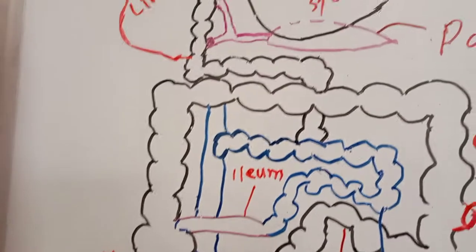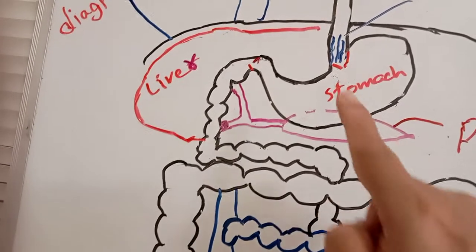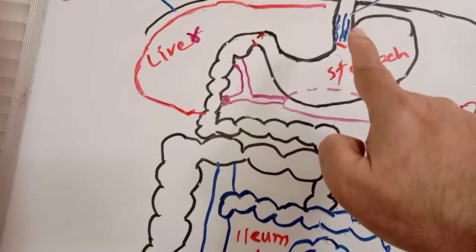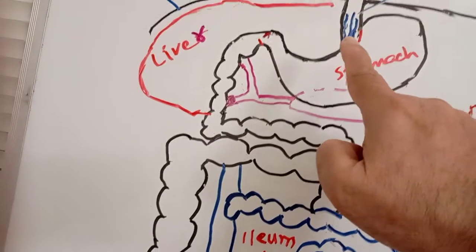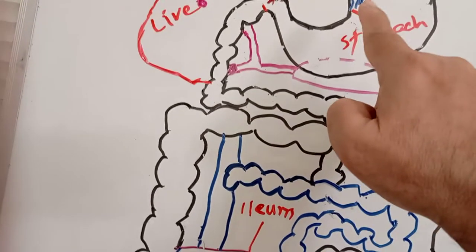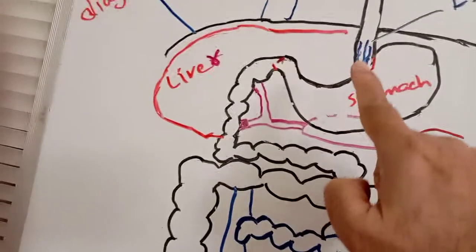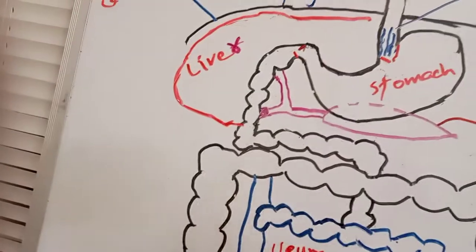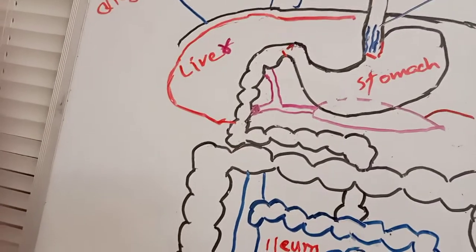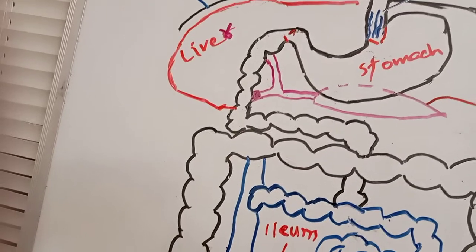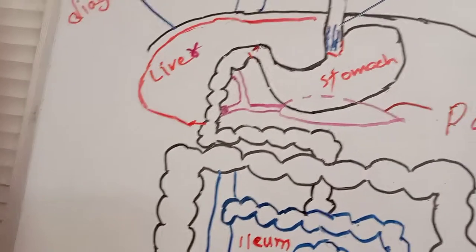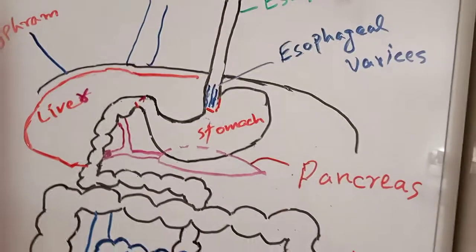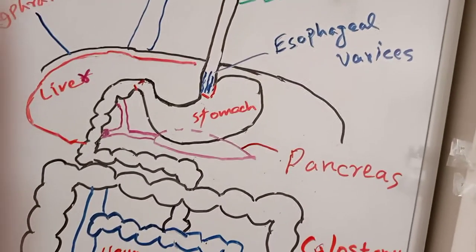Another important thing is this is the esophagus, and in the last part of the esophagus there are small veins like in the rectum. They also drain into the inferior vena cava. When the inferior vena cava is blocked in the liver, these also get dilated and tortuous. These are known as esophageal varices.